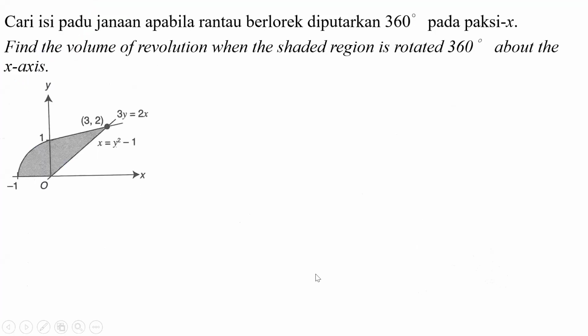Can? Alright, let's look at this. Find the volume of revolution when the shaded region is rotated 360 degrees about the y-axis, like this. If it is like this, you take the upper one minus this one.